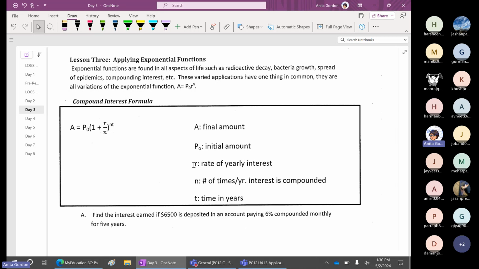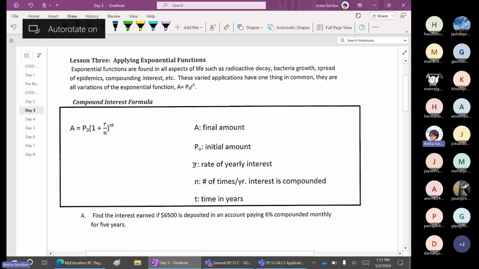When you're looking at growth of populations, whether it's bacteria or people, or the decay rates of things, or if you're modeling the spread of disease in biology, all of that is related to exponential functions. Okay, so this applies to a very, very wide range of real world examples, and we're going to do 2 or 3 today.